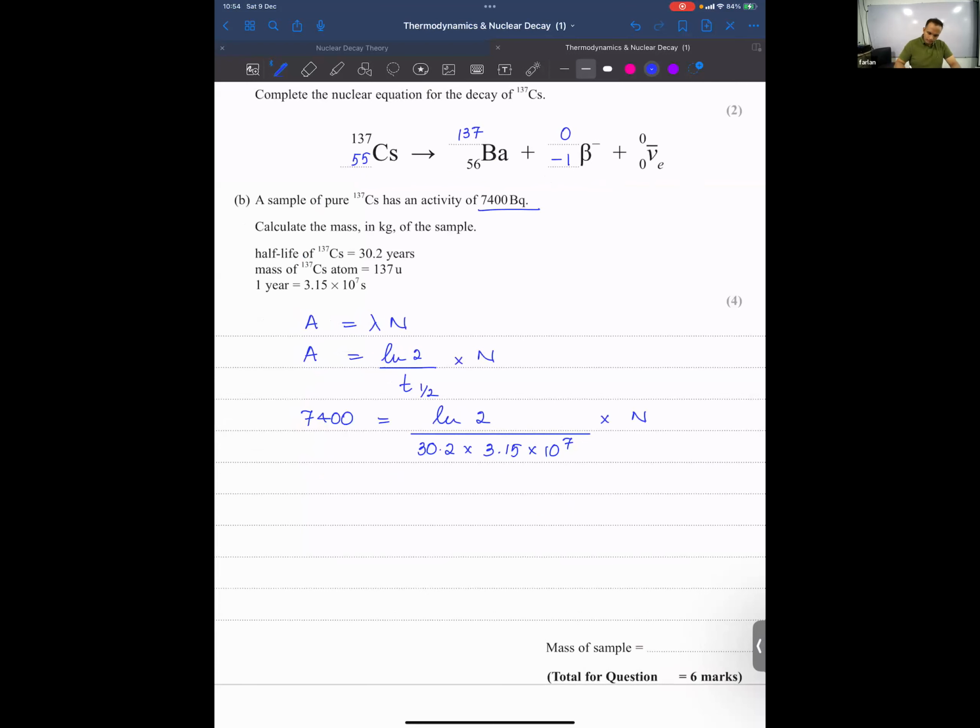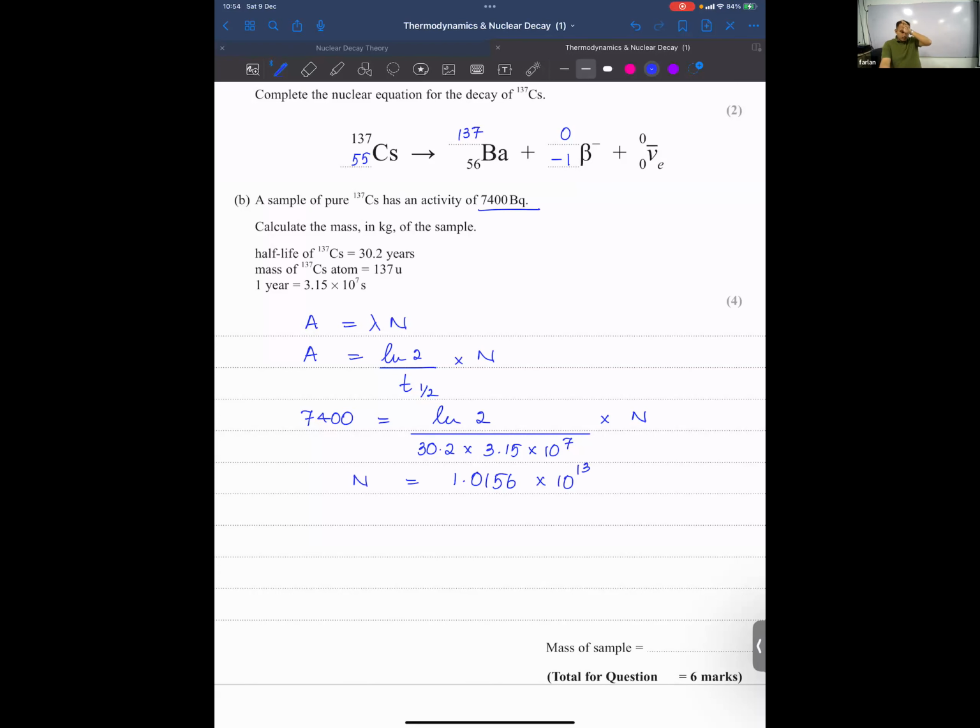So from here, I can find the N. It is 1.0156 into 10 to the power 13 nuclei.